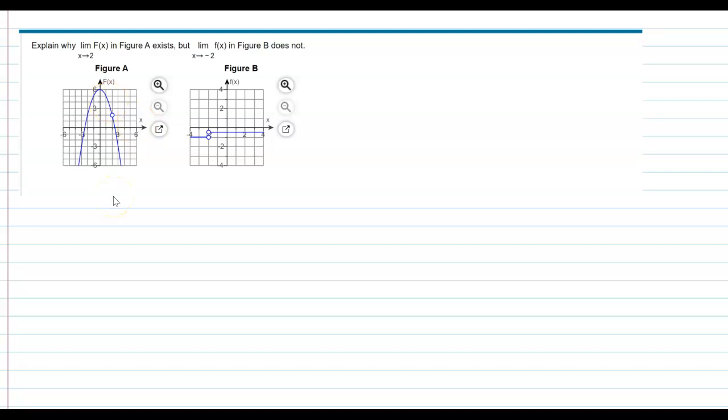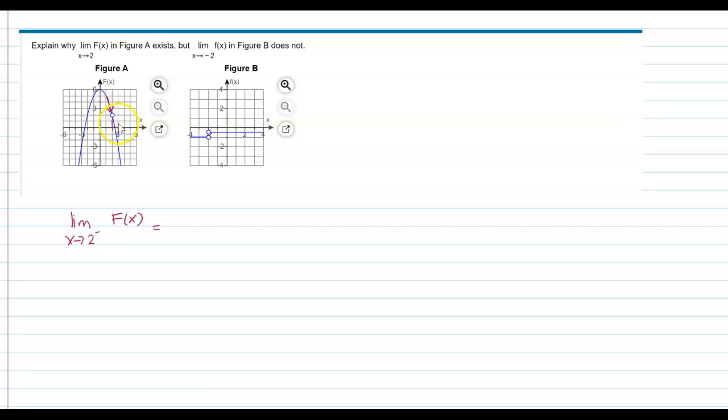So the limit here on this first figure exists because of the left-hand limit. If you look at this function here, that is x equals 2. The left-hand limit, notice that the function is approaching that point, so the limit of the function as x approaches 2 from the left is equal to this value here.